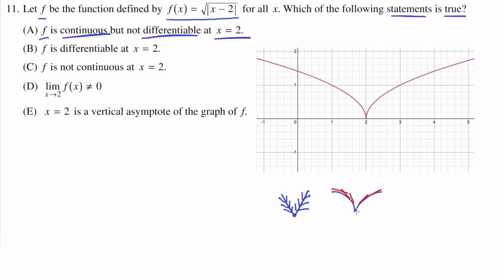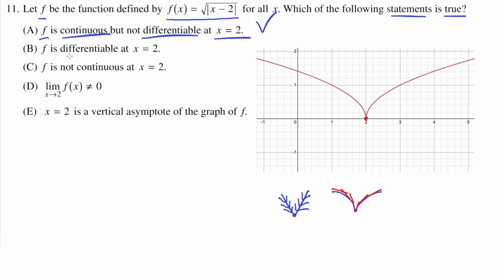But once we get to this point here, we see that the left and right-hand slopes disagree. So that means that at corners and cusps, graphs are not differentiable. So A seems to be true. We are continuous at the cusp here, but not differentiable.